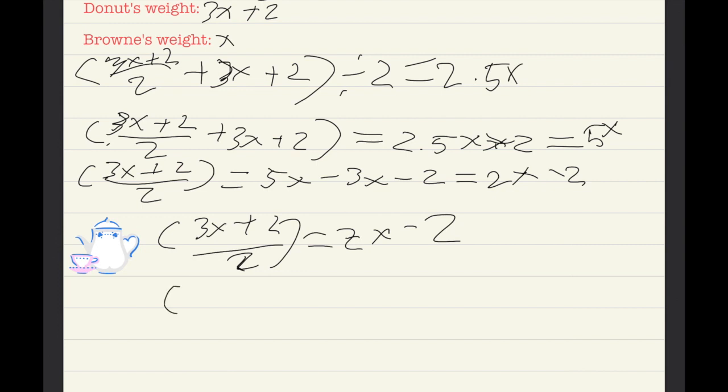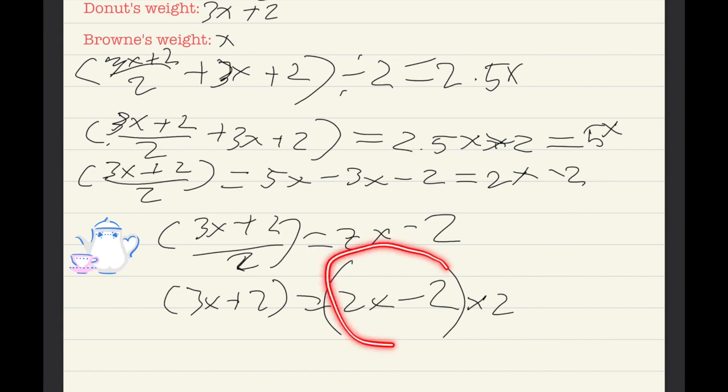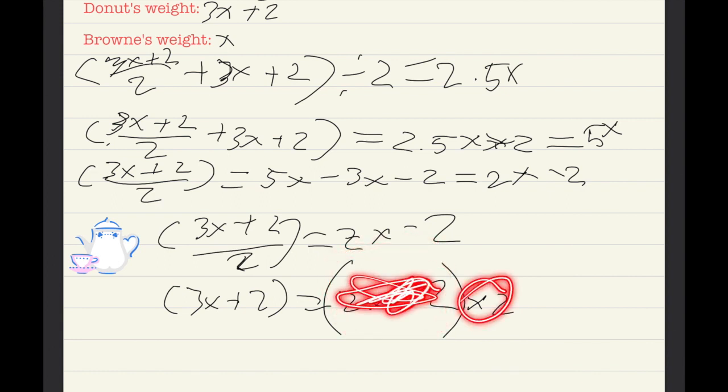I'm just going to make a new thing. Then equals 2x minus 2 times 2. And we have to do this. We have to put the guards in a little sleepy bed. If this is outside of this whole thing, we have to times everyone in the house. We just do the same here.